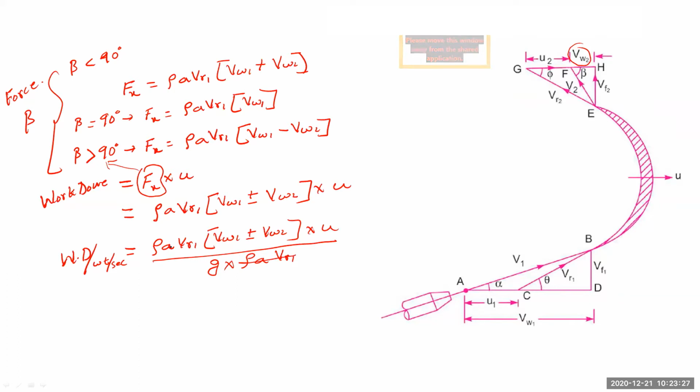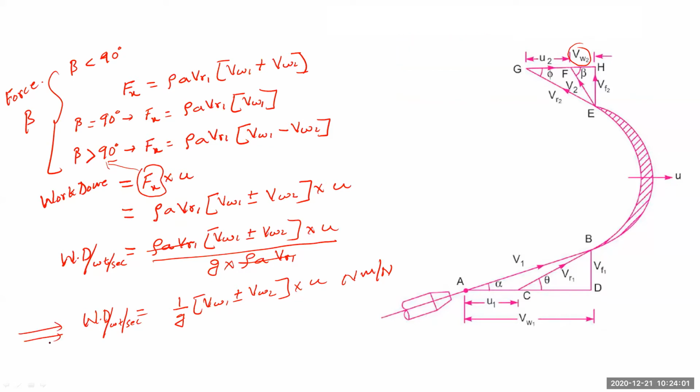So from here we can cancel out VR1 and VR1, and what you will get is 1 by G into VW1 plus or minus VW2 into U, Newton meter per Newton. This will be the unit for this. In the last class, I told you that this derivation is very important from your examination point of view.